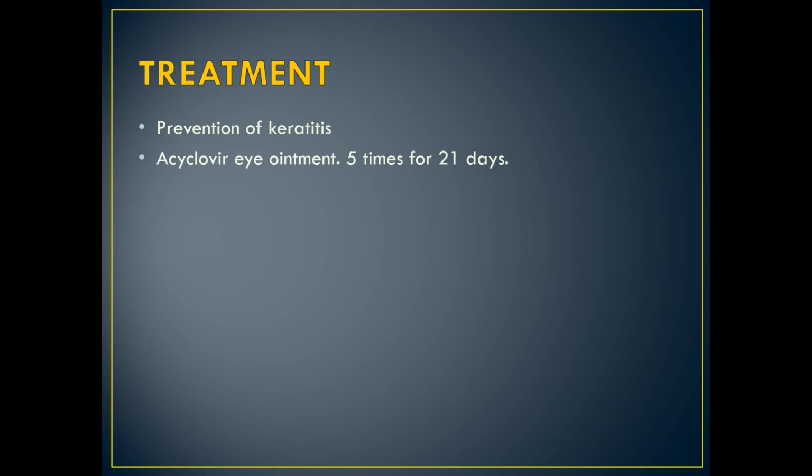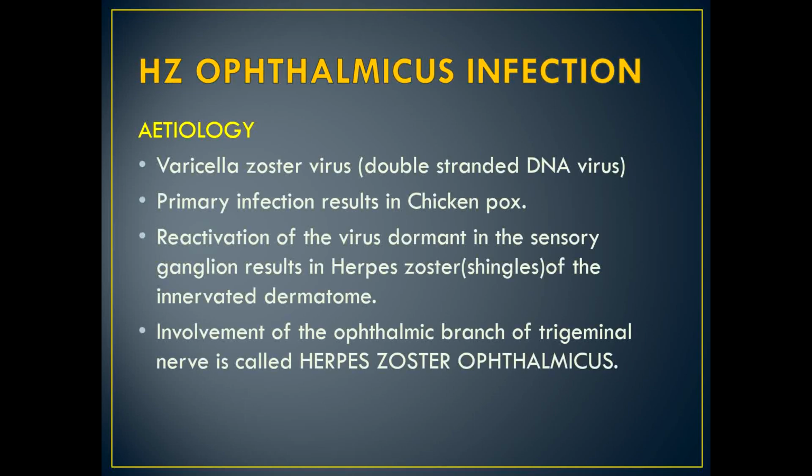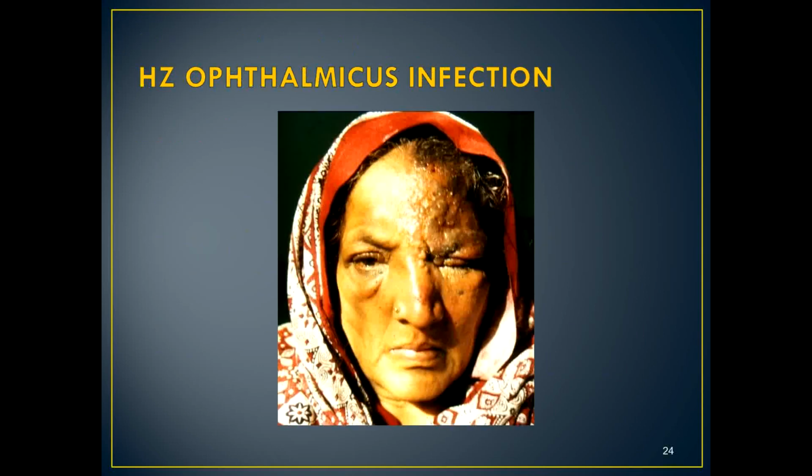Treatment is that if the patient is suffering from viral disease, then acyclovir, that is an antiviral drug ointment, can be used, and you need to prevent the patient from going into keratitis. Herpes zoster infection is another infection with the herpes virus group.